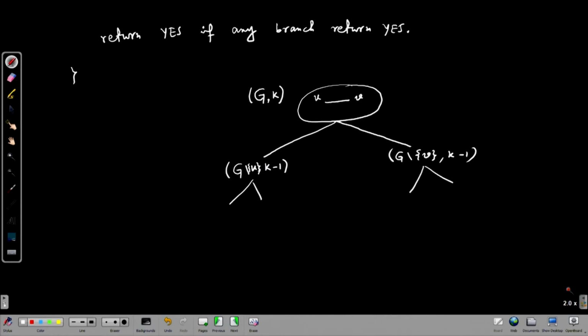Now, what is the depth of the tree? The depth of the tree is at most k. If at some point the budget k is non-negative and there is no edge in the graph, then it is yes.